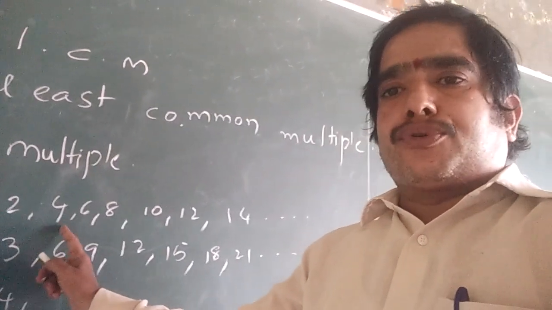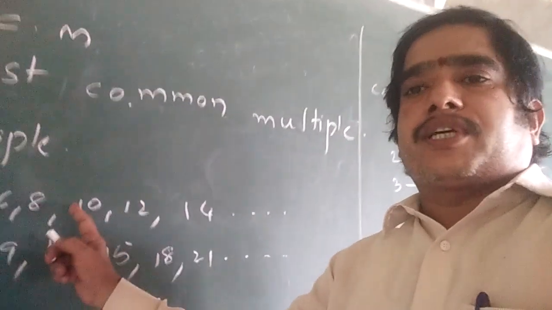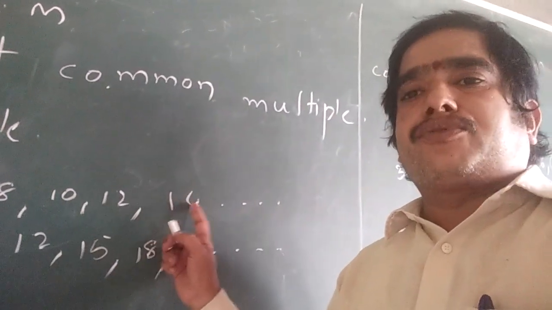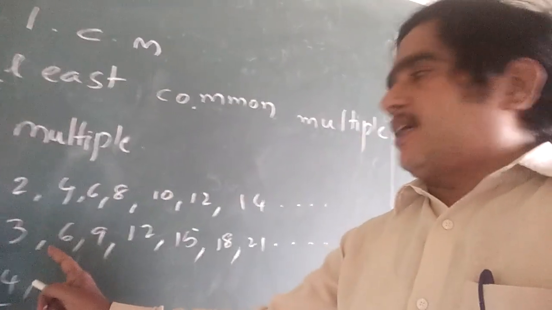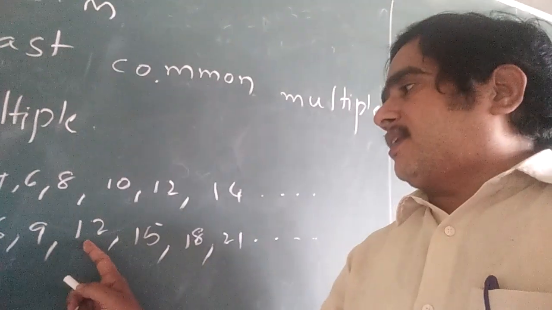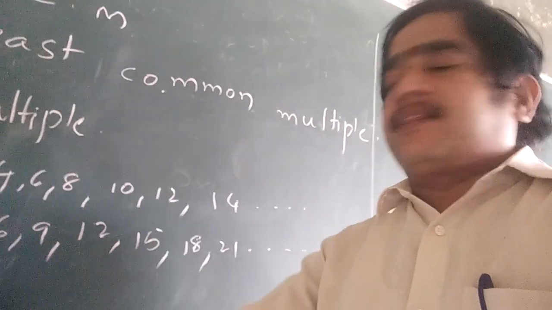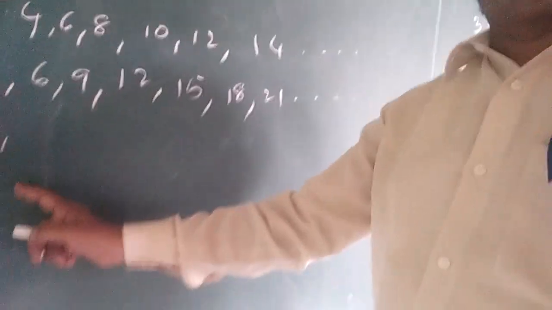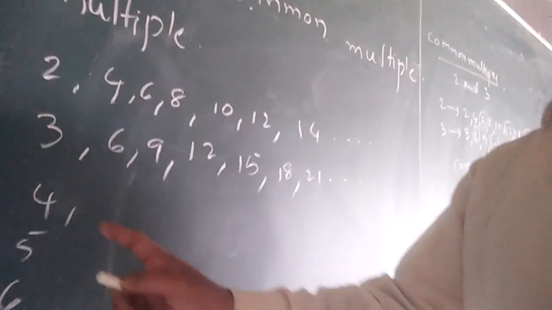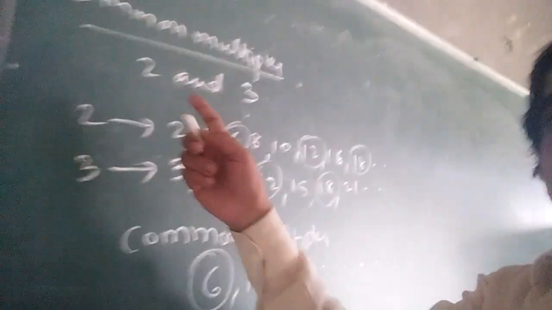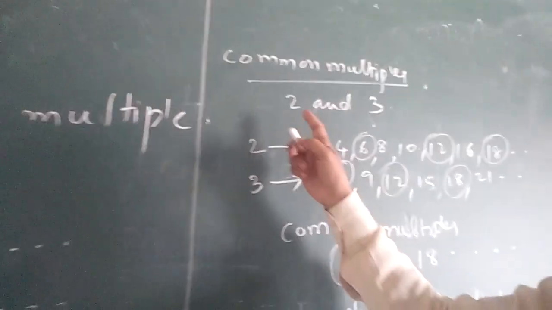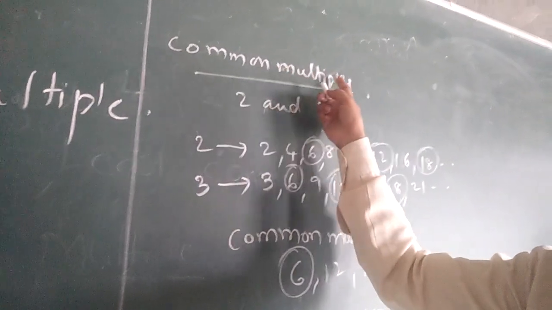2 1s are 2, 2 2s are 4, 2 3s are 6, 2 4s are 8, 2 5s are 10, 2 6s are 12, 2 7s are 14. 3 1s are 3, 3 2s are 6, 3 3s are 9, 3 4s are 12, 3 5s are 15, 3 6s are 18, 3 7s are 21. Like that, you can write multiples for the 4 table and 5 table also. Now I am explaining the common multiple.